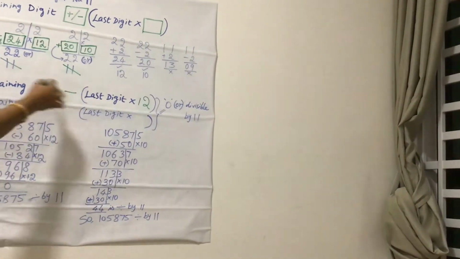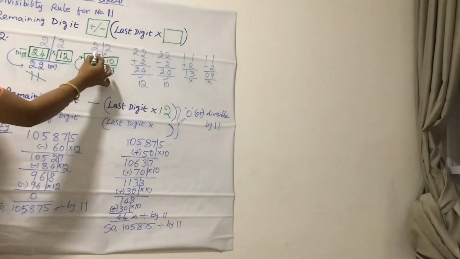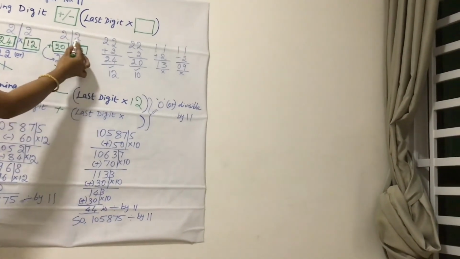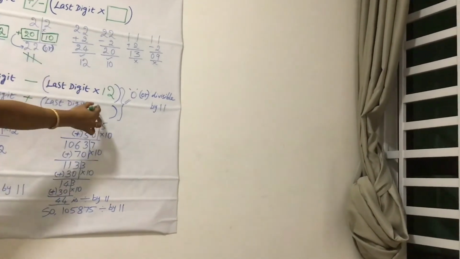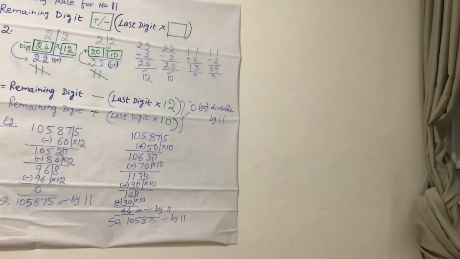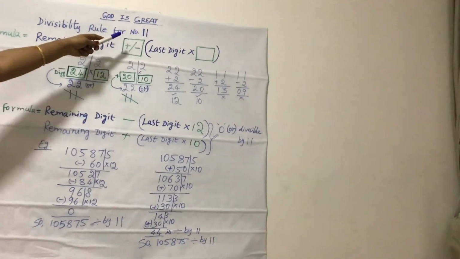So this is one of the formulas, and with this, remaining digit plus the last digit into 10. So by using our technique, we have identified two formulas for the divisibility rule for number 11.